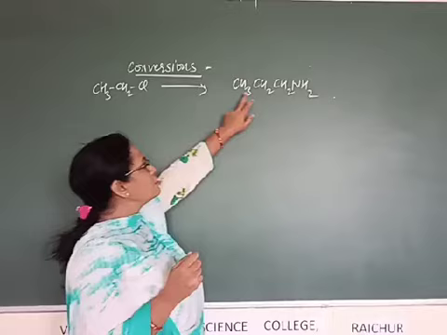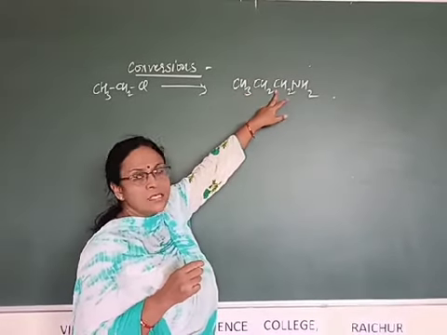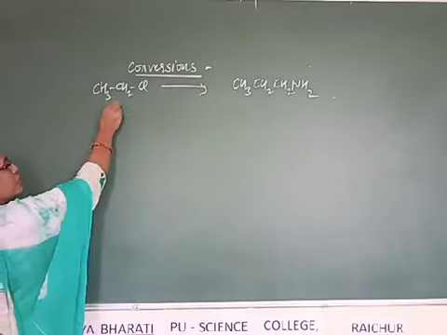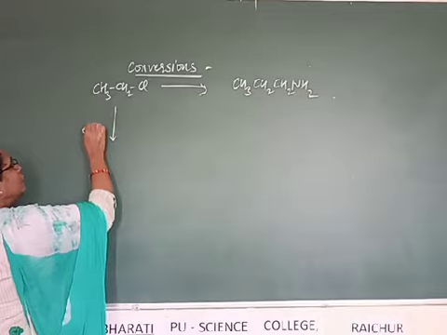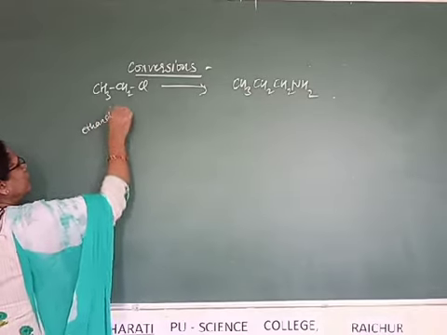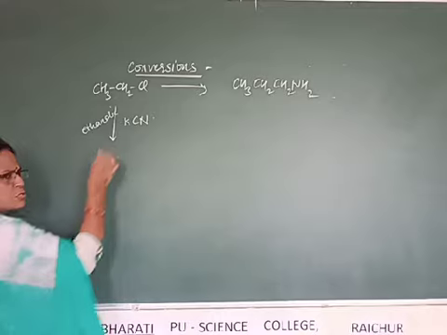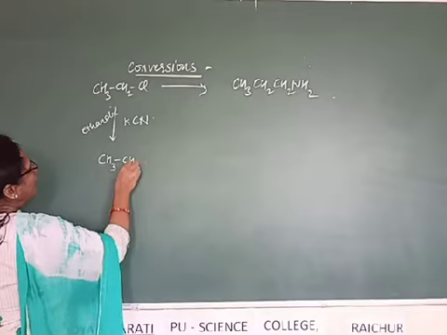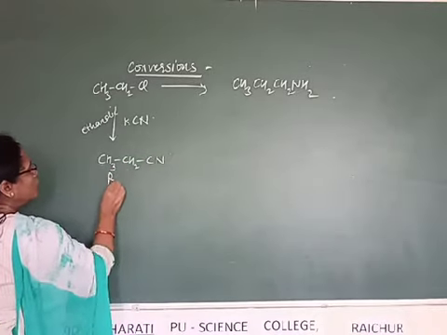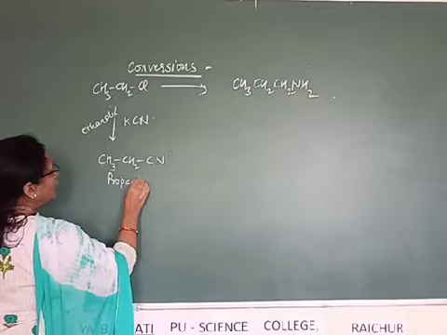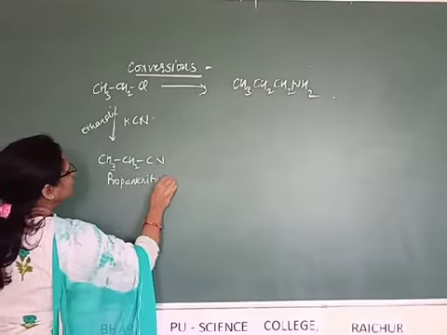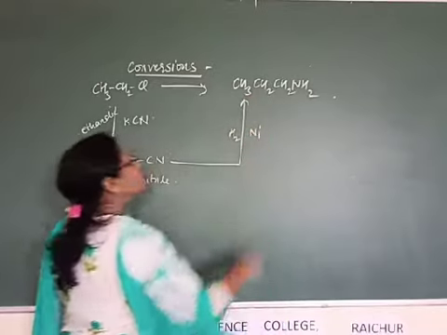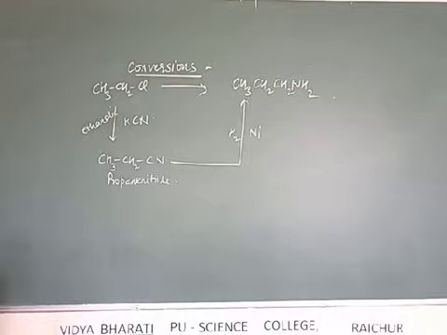When you are converting this, you see here that one carbon is increasing, and when you have to increase one carbon, you have to treat this with ethanolic or alcoholic potassium cyanide or sodium cyanide, anything you can take. So you will get here propane nitrile. Now this propane nitrile you can reduce to give amine.